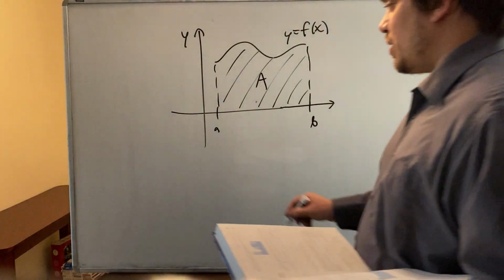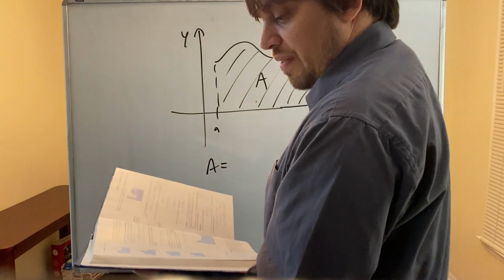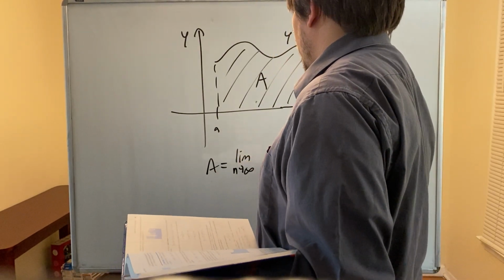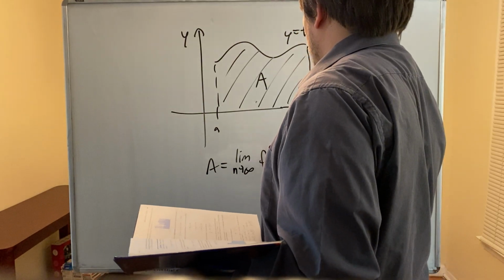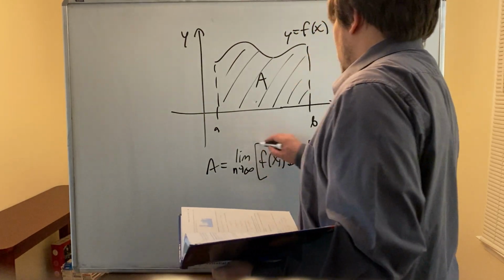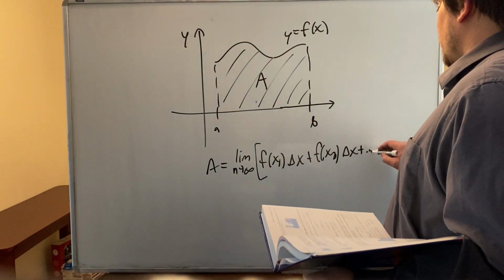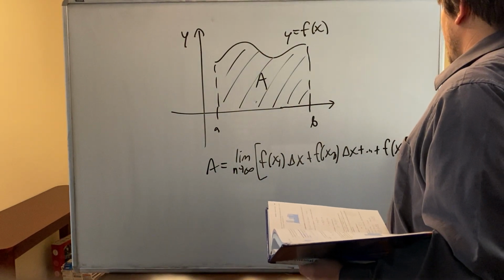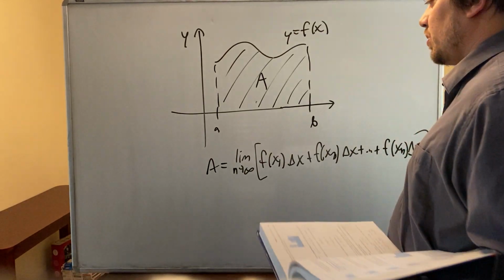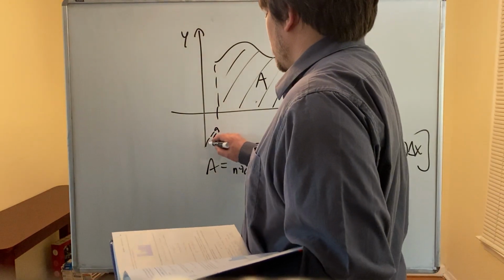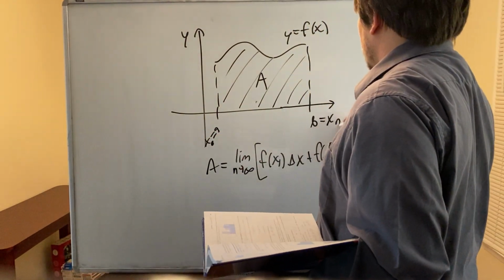The area A of that shaded region, according to definition 2, is the limit as n approaches infinity of f of x sub 1 delta x plus f of x sub 2 delta x plus dot dot dot plus f of x sub n delta x. This is x naught, this is x n.